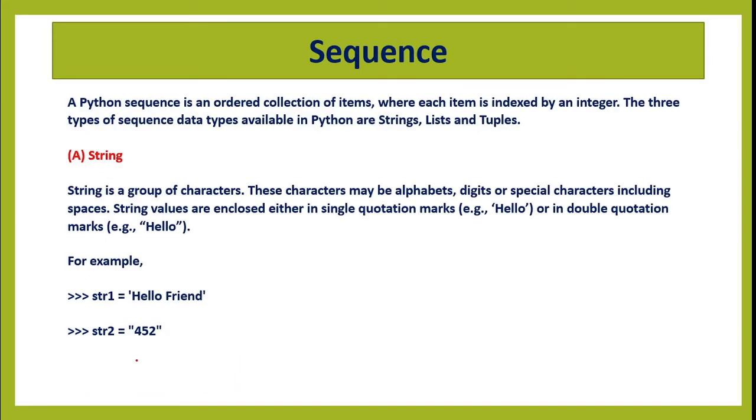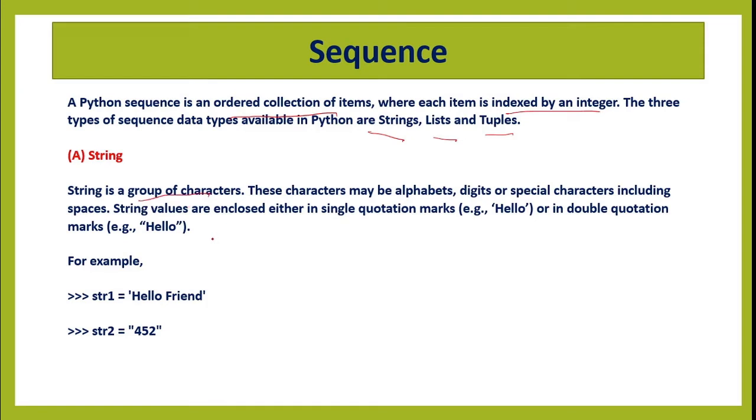The next one is sequence. A Python sequence is an ordered collection of items, where each item is indexed by an integer. The three types of sequence data types available in Python are string, list, and tuples. The first one is string. String means it is a group of characters.